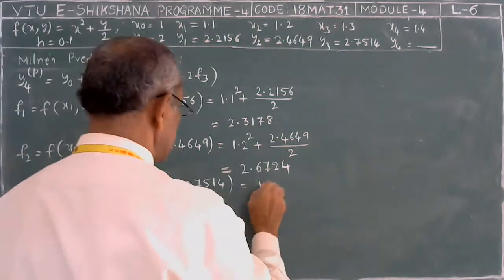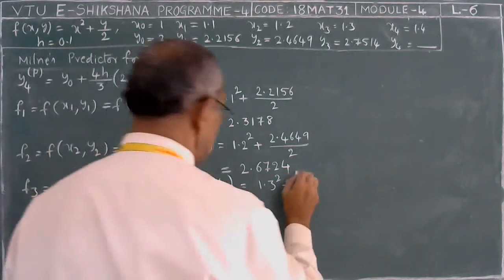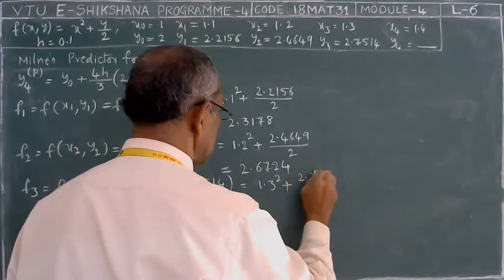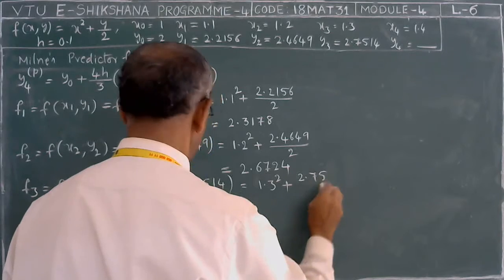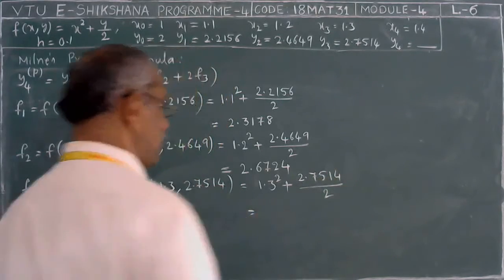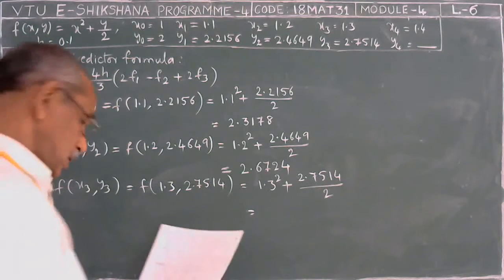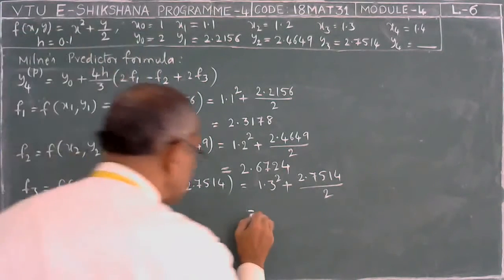Using the definition, this is 1.3 square plus 2.7514 divided by 2. If you calculate using the calculator, you get f3 equal to 3.0657.